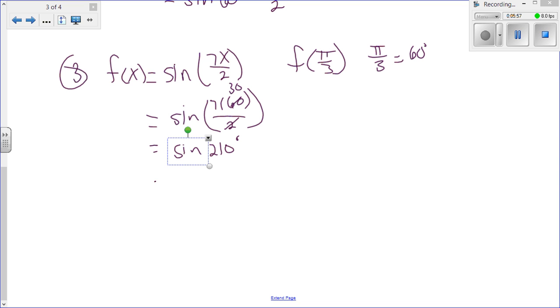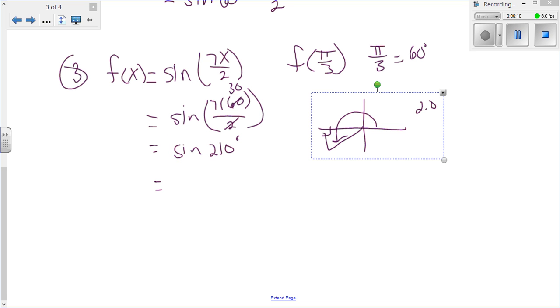Since I am larger than 90, I need to find my reference angle. 210 puts me into quadrant 3, so I will do 210 minus 180, which is 30. When I'm in quadrant 3, sine is negative, so it's a negative sine of 30.